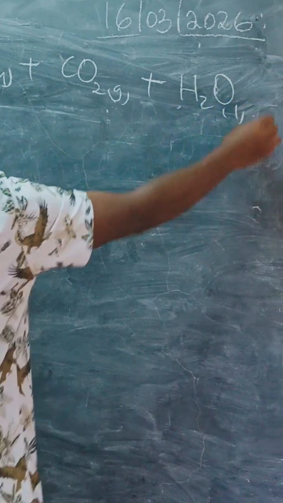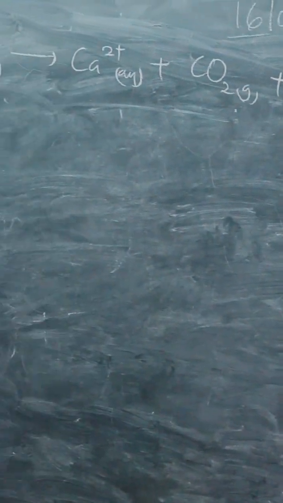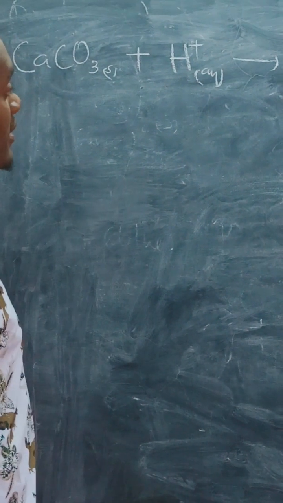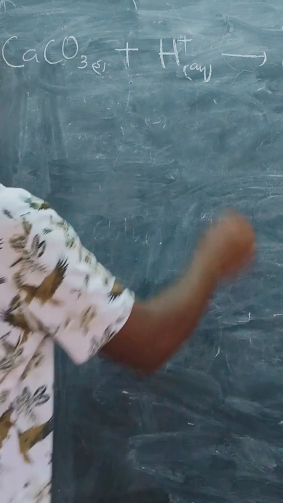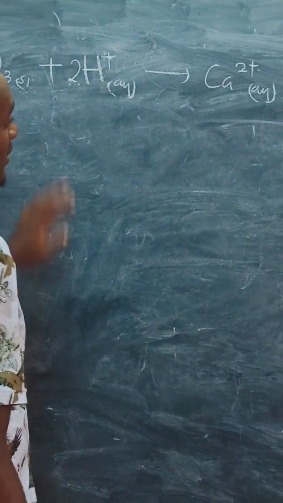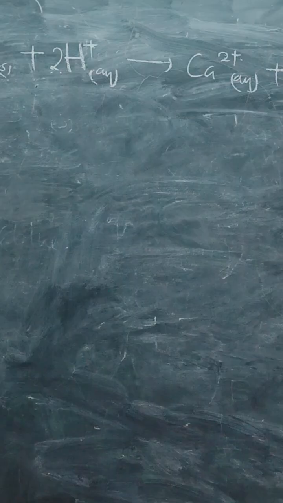This is an ionic equation. For balancing: oxygen is 3, I put a 2 here, plus 2, plus 2, hydrogen is 2 and that is 2. That is the ionic equation.